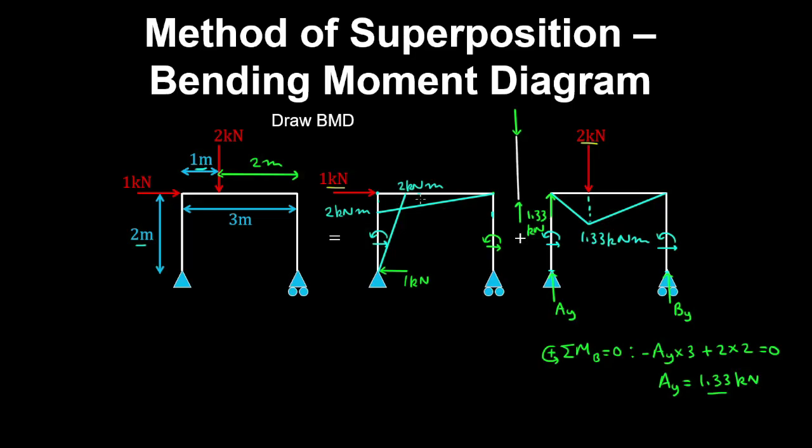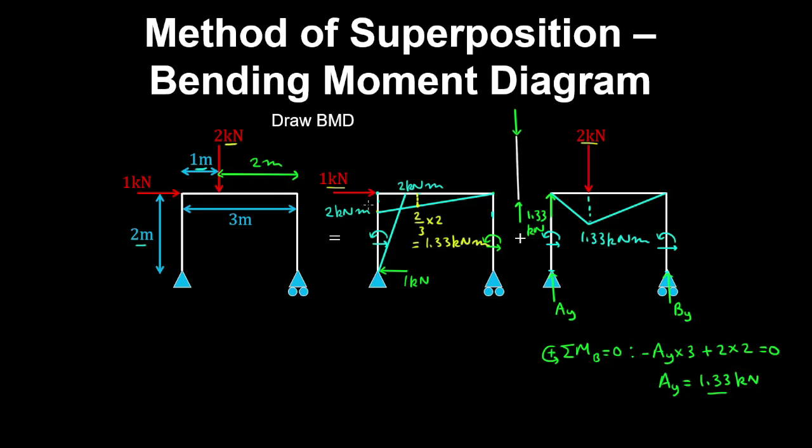And now we can superimpose these two bending moment diagrams. So at the point load over here, we can use similar triangles to obtain a bending moment at the point load. So that will be 2/3 multiplied by 2 kilonewton meters, which is 1.33 kilonewton meters.